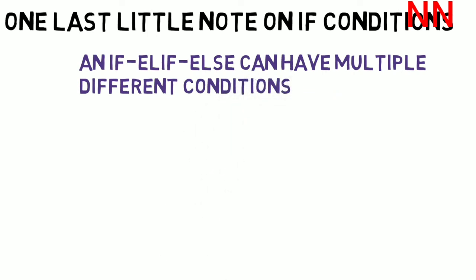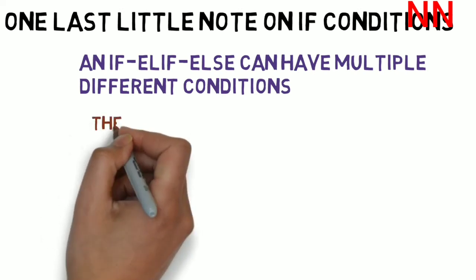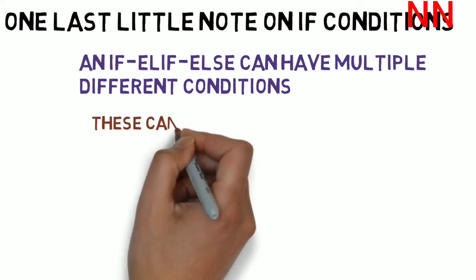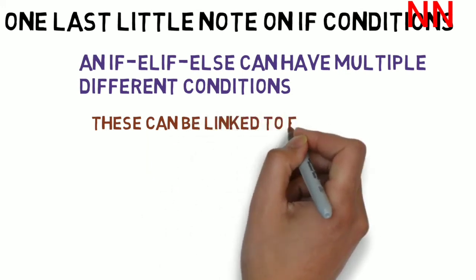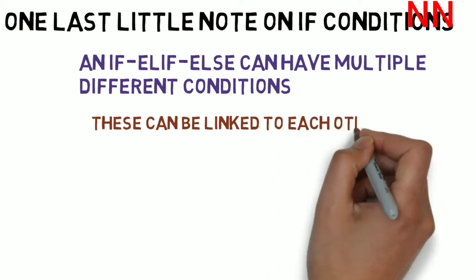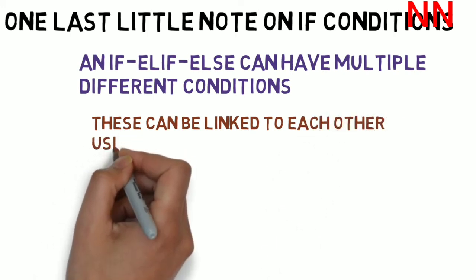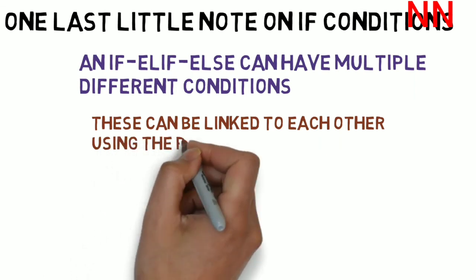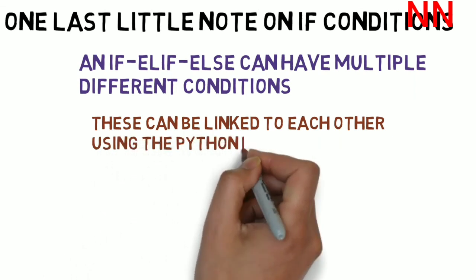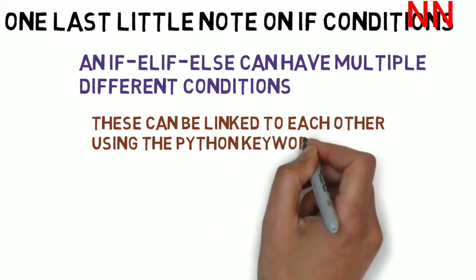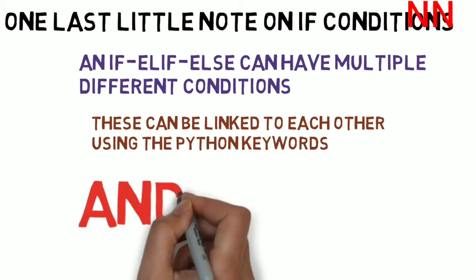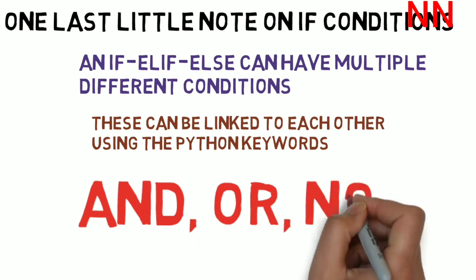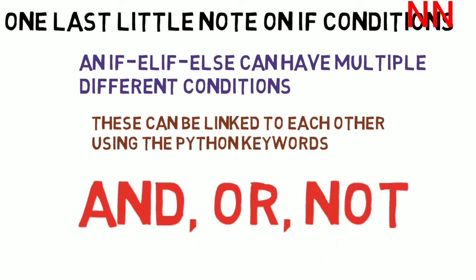If this is true and something else is true, or if at least one of a set of conditions is satisfied, or if none of the conditions is satisfied. So these multiple conditions can be linked to each other using the keywords and, or, not.